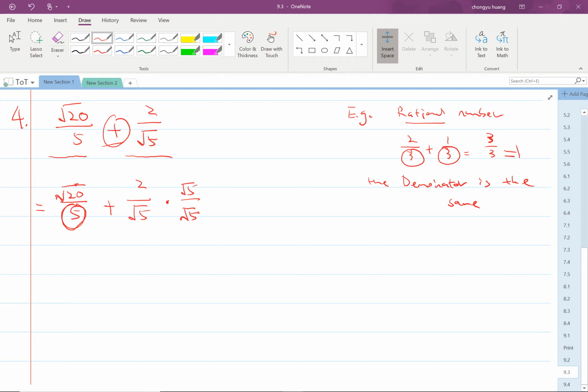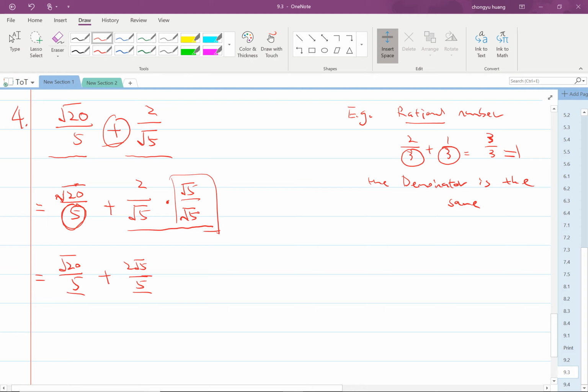Let me do the next step. After that we multiply those numbers together, okay? After we multiply by the 1 over here, you can see we now have the same denominator, so we are able to do some operations, right?